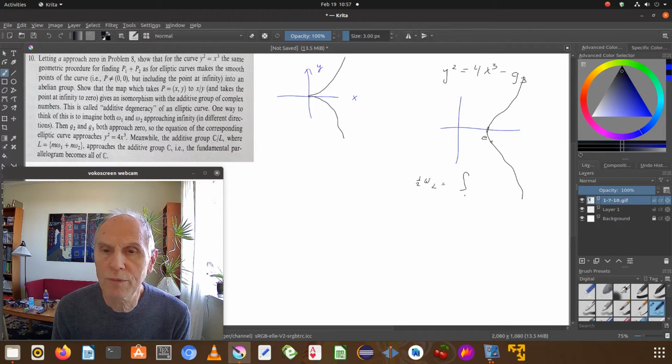From some lower bound here, never mind, to infinity of 1 divided by the square root of 12x squared.